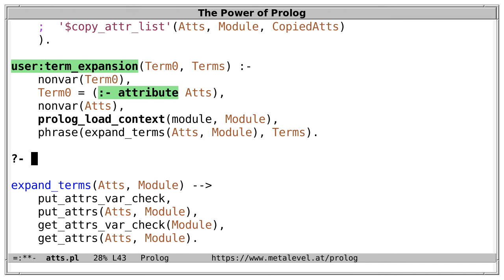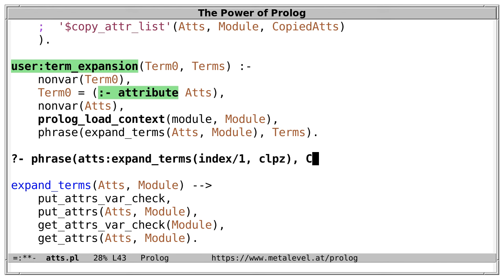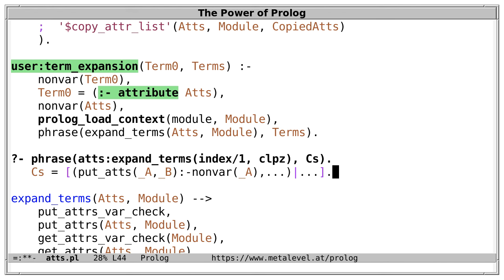And in the case of attributed variables, the module is important because the expansion generates code where the module plays a role. Here's a sample query that you can try using the CLBZ module as load context. And here's the generated code in abbreviated form.